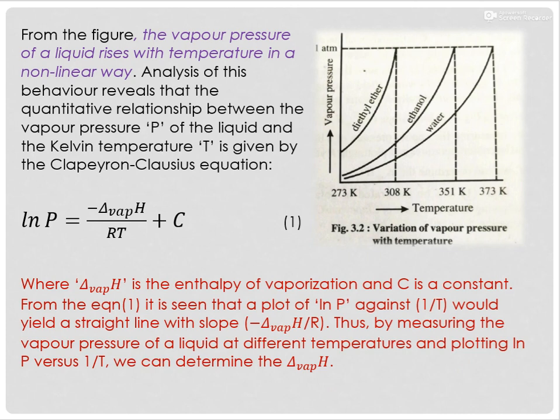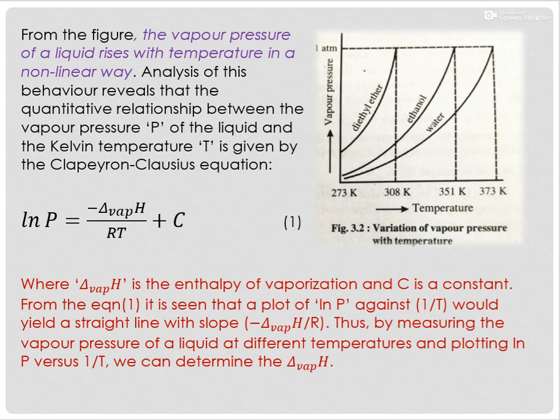Delta vaporization H is the enthalpy change accompanying the vaporization of 1 mole of the liquid. It is expressed in joule per mole, and R is the universal gas constant.